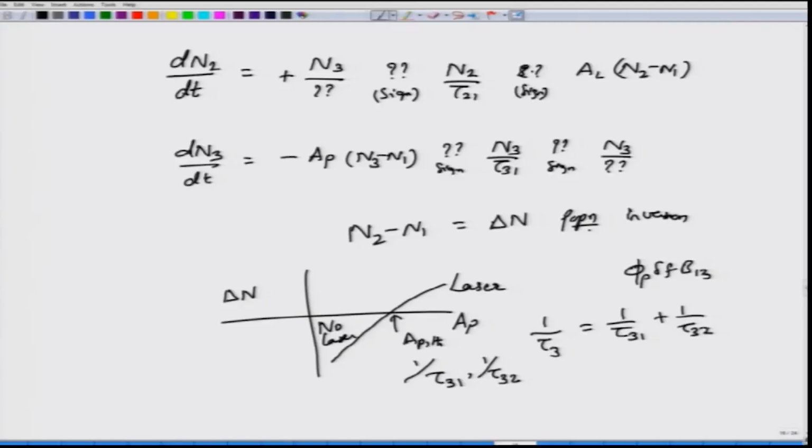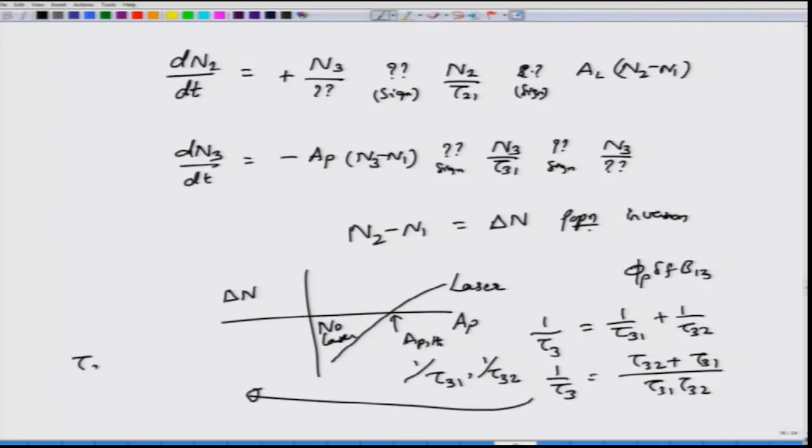This is like your parallel resistances being added, and this is given by tau 31 tau 32 divided by tau 32 plus tau 31. So, the effective lifetime tau 3 is given by tau 31 tau 32 divided by tau 32 plus tau 31.